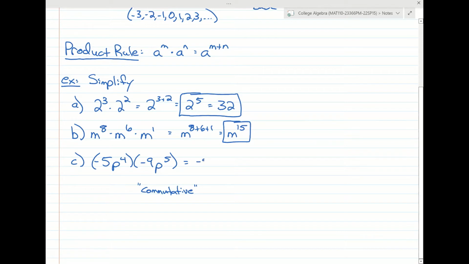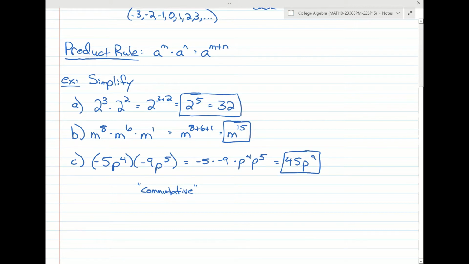We could just do -5 times -9 times p to the 4th times p to the 5th. So sometimes it's easier for people to rearrange them and group them by similar grouping. So -5 times -9 is just 45, and then we have p to the 9th.